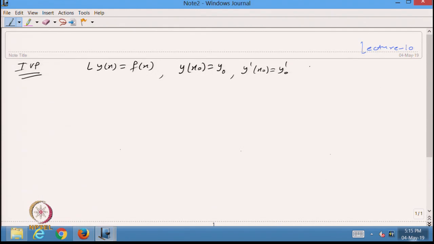So this is my initial condition, and this is my corresponding initial value problem, and I want to solve this equation with the help of Green's functions. So this is my equation number 1.